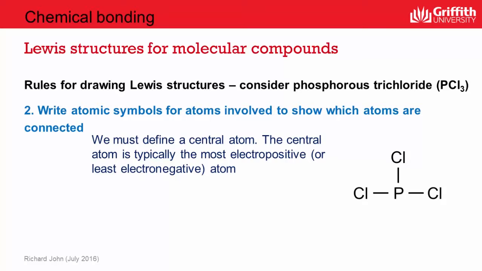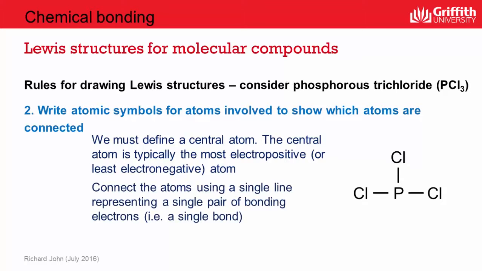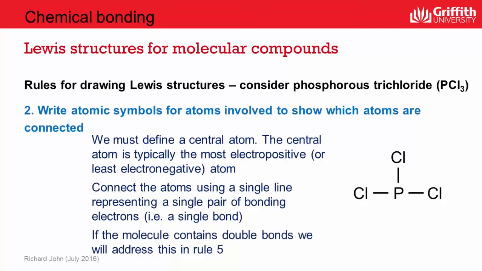In this case phosphorus is more electropositive, or less electronegative, compared to chlorine, so we place phosphorus as the central atom, and we connect the phosphorus atom to the chlorine atoms using a single line representing a single pair of bonding electrons, in other words, a single bond. If the structure happens to contain double bonds, we'll address this later in Rule 5, but we start with single bonds.